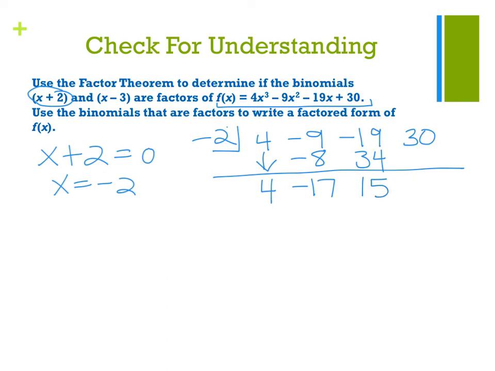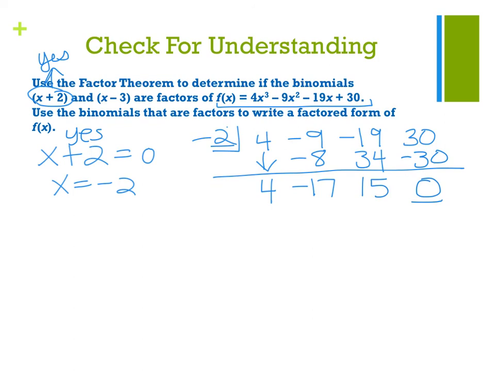And when I multiply positive 15 by my divisor of negative 2, that gives me negative 30. And if I add the last column, I get a remainder of 0. So my answer to this portion of the question is that yes, x plus 2 is a factor. x plus 2 is a factor of the polynomial, again, because our remainder is equal to 0.